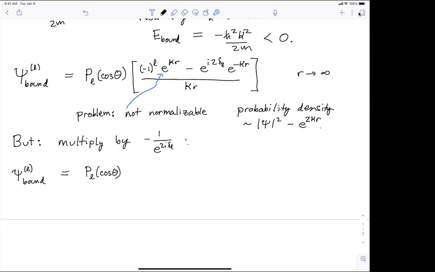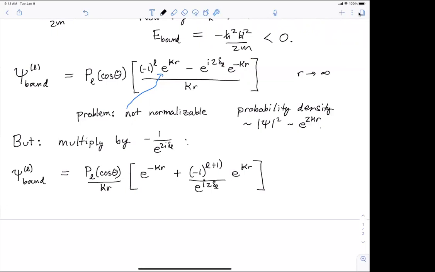It's just there to give the angular dependence associated with the angular momentum, L. I'm going to pull out the factor of κr. And then there's a factor e^(-κr), which was originally this term. And then there's the other term, which is plus or minus 1 to the L plus 1 over e^(2iδ_L), that's an i, times e^(κr).